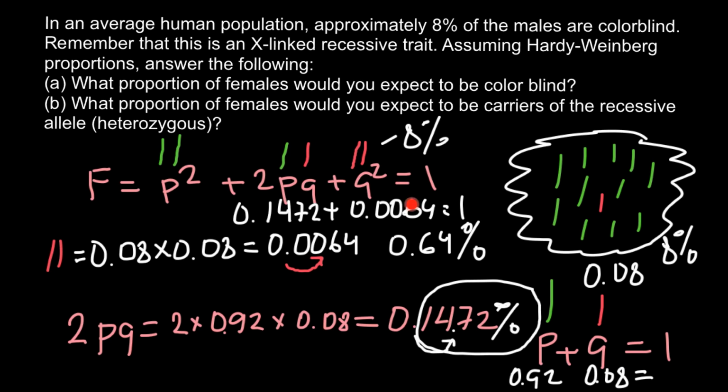We just have to add these two numbers and subtract from 1, which gives us the frequency of the homozygous dominant genotype as 0.8464.